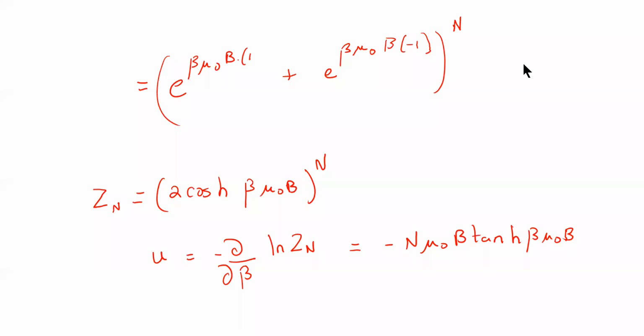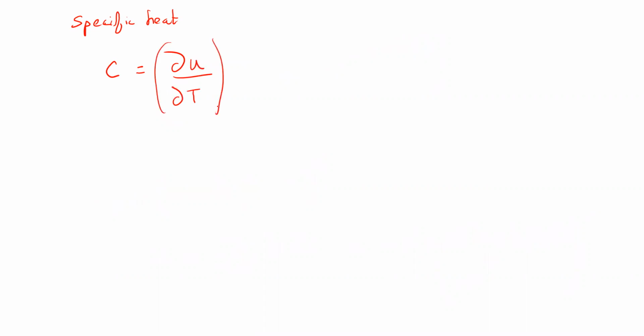Now the specific heat capacity can be found from the internal energy. The specific heat capacity is nothing but dU by dT, evaluated where B is constant.